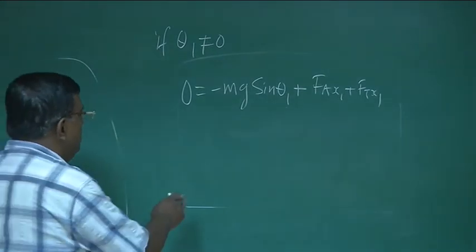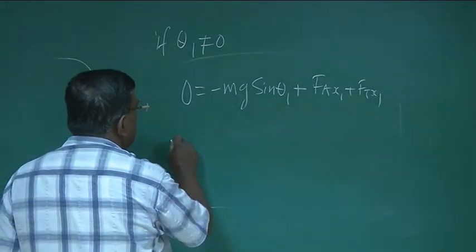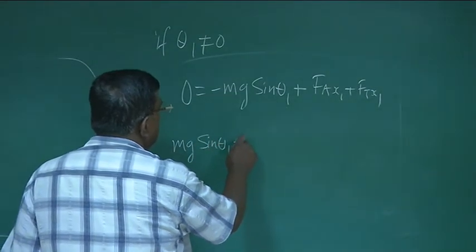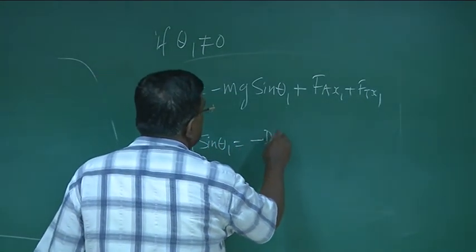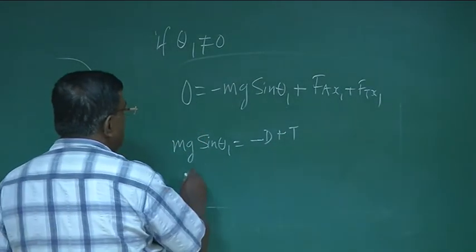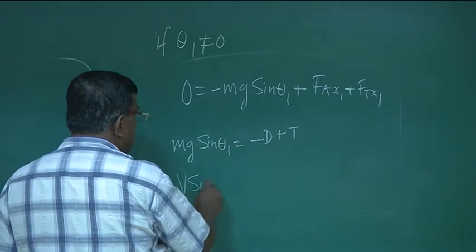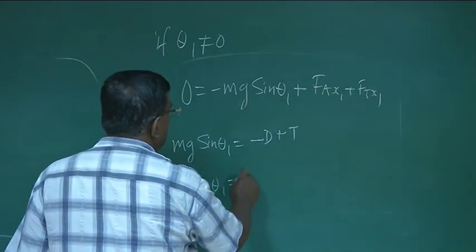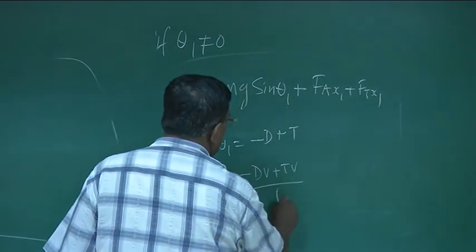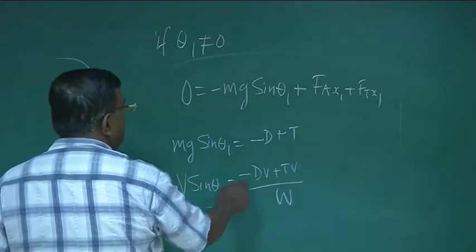So now I write this as mg sine theta 1 is equal to minus D plus T, that is the thrust, and then I can write V sine theta 1 is equal to minus DV plus TV by W. So this is TV minus DV by W.